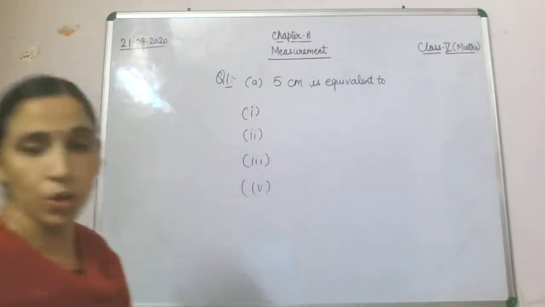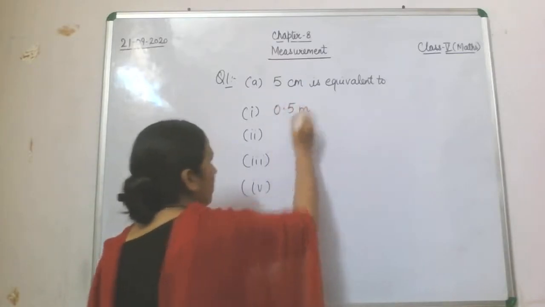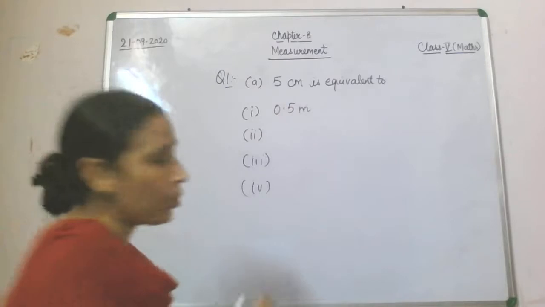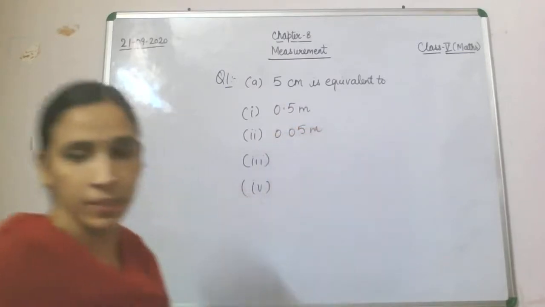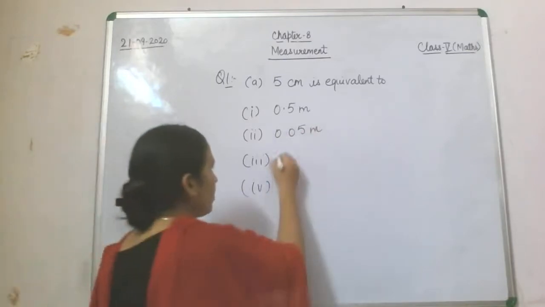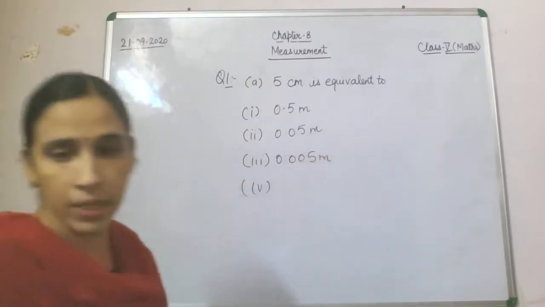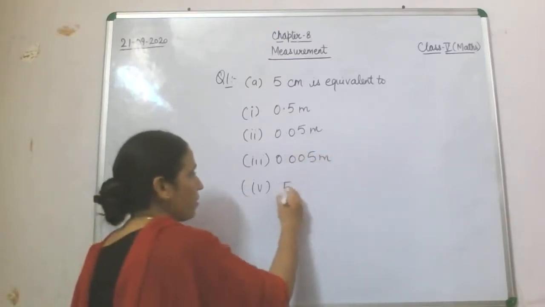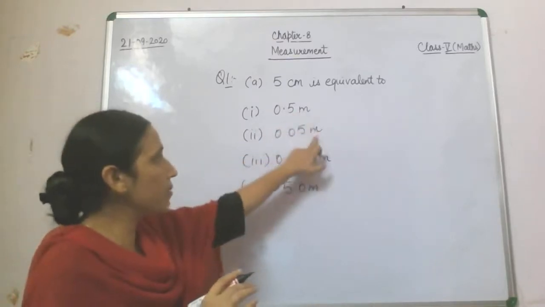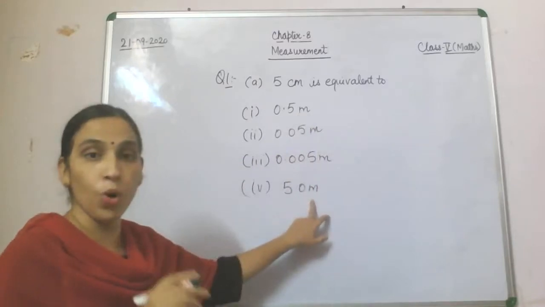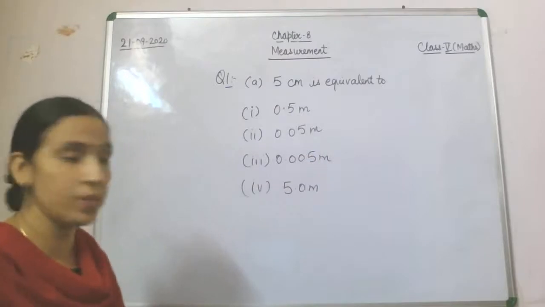The first option is 0.5 meter. Next is 0.005 meter. Then 0.005 meter, and last is 5.0 meter. Now here in all the options we have meter. It means centimeter is supposed to be converted into meter.